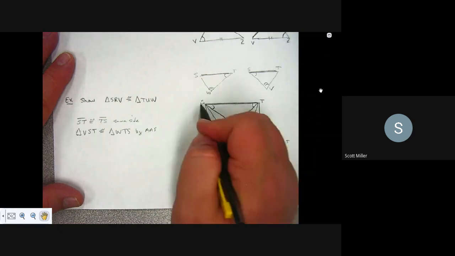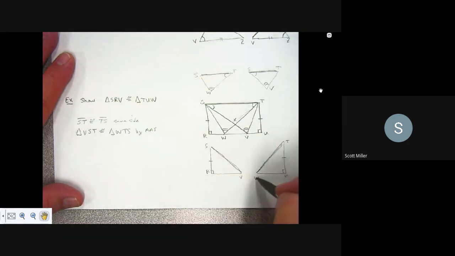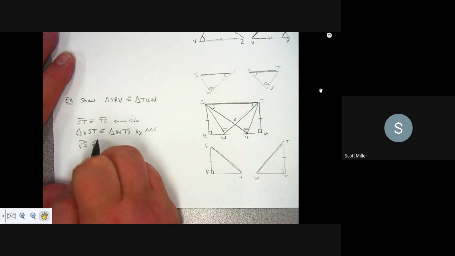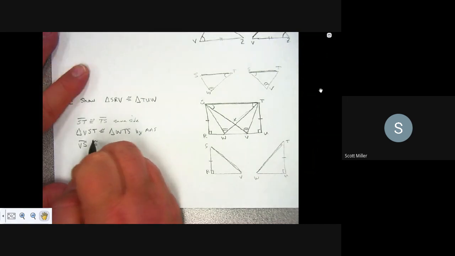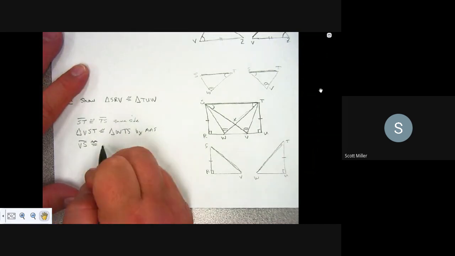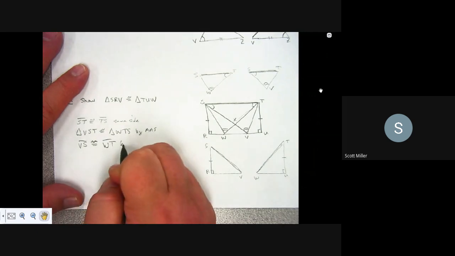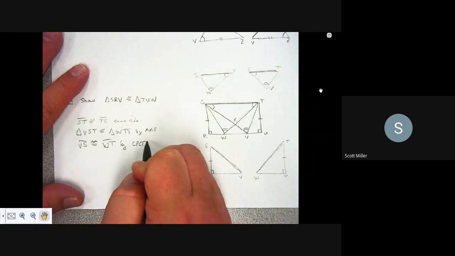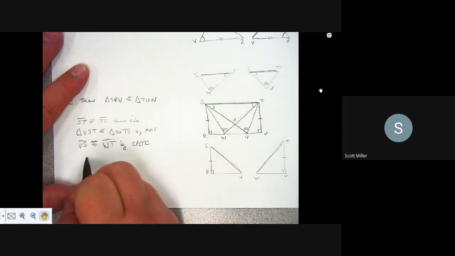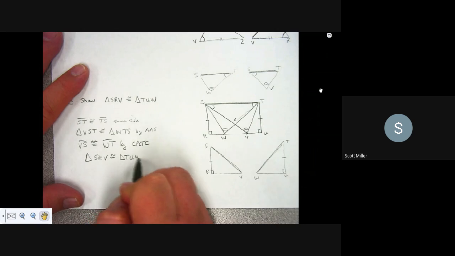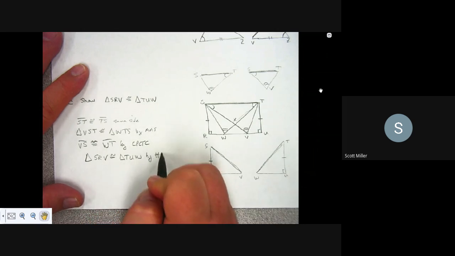That makes the diagonal VS congruent to WT by corresponding parts of congruent triangles, which makes triangle SRV congruent to triangle PUW by hypotenuse leg.